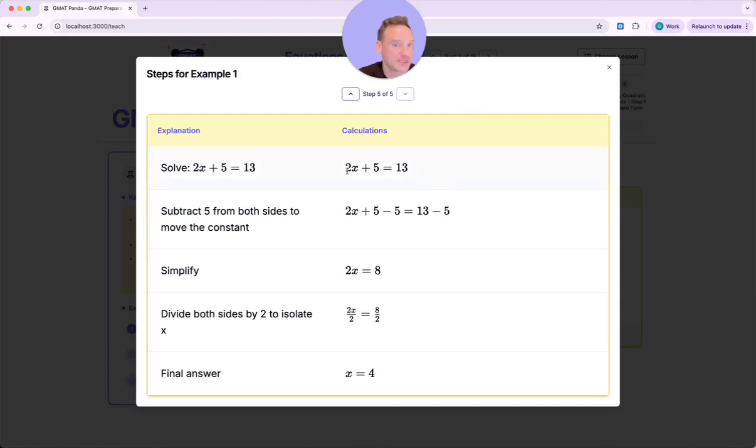And in this case, just looking at that, some people would be able to say, well, I need this to be 4 to make it equal to 13. But not everybody is able to do that. And also, in the GMAT, you tend to have more complicated equations than this, and then it becomes much harder to do that. So this method is what's recommended in 90% of cases when solving these kind of equations.